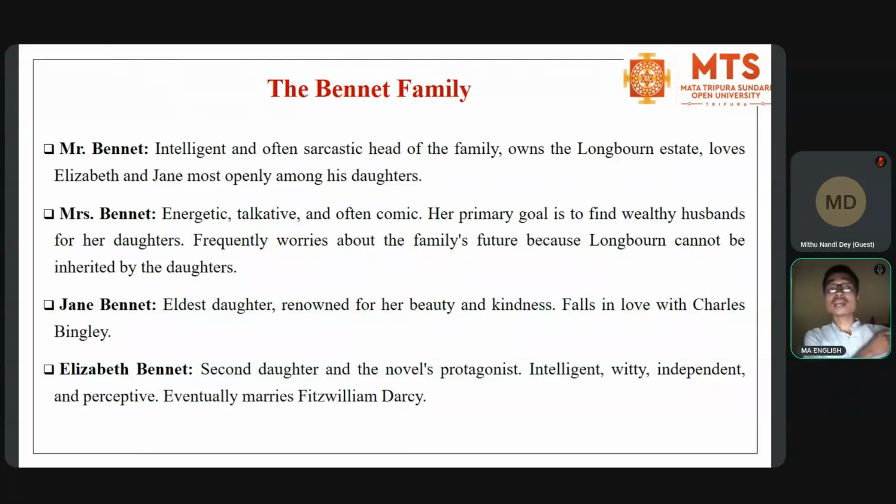And the reason behind it is that, as already mentioned, Mr. Bennett is a wealthy person, but when he dies, his generational property will go to Mr. Bennett's cousin, and Mrs. Bennett and her daughters will be left without any property.